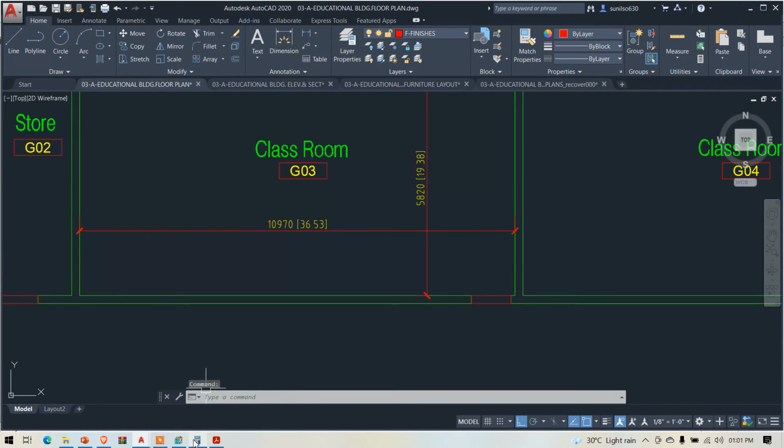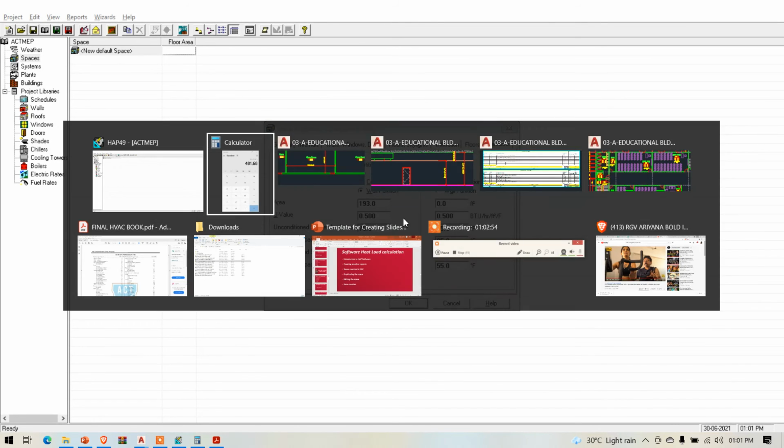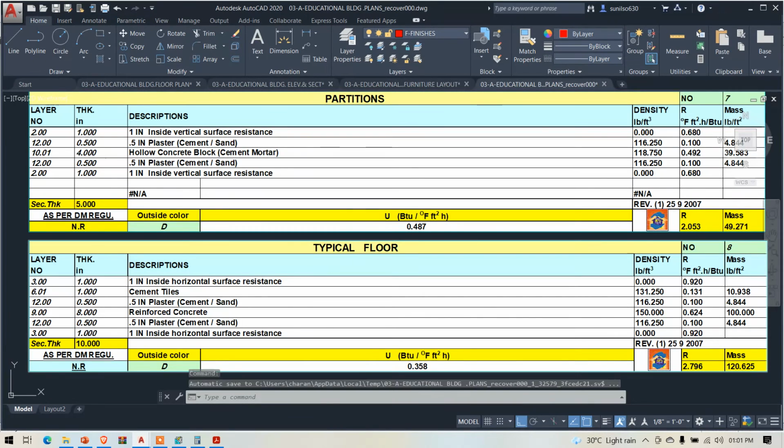So the total area is 193.8, and we have to consider it as a wall partition, and the U value we have to provide over here. The U value you are getting from your partition is 0.487.